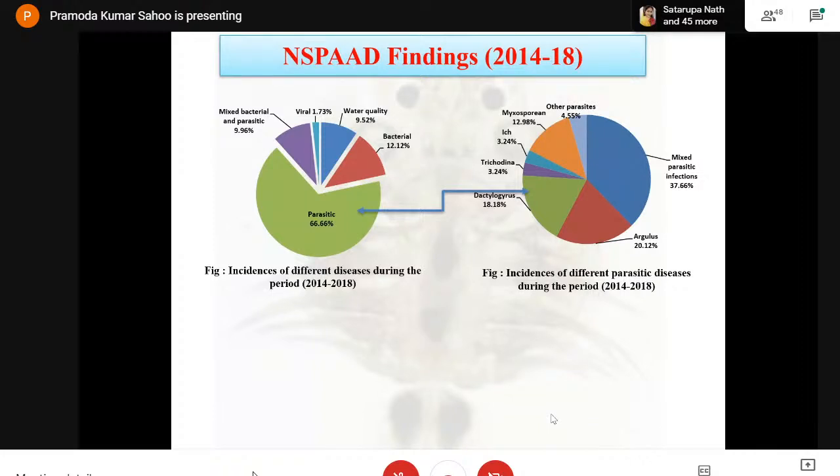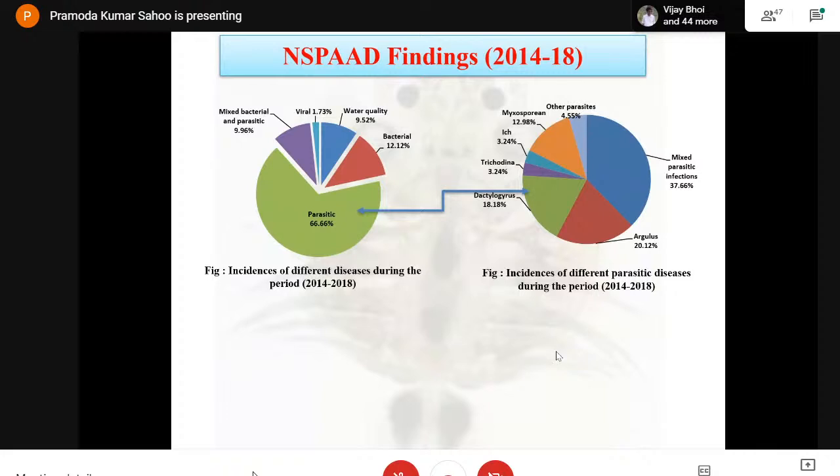In the survey conducted under the National Surveillance Program during 2014 to 18, we found parasitic infections are much more dominant in the culture system, besides bacterial and other infections. Around 67% of infections are parasitic. They cause massive damage, like Argulus, which is a major killer, and Dactylogyrus, the gill fluke, which is also an equally important parasite in freshwater aquaculture.